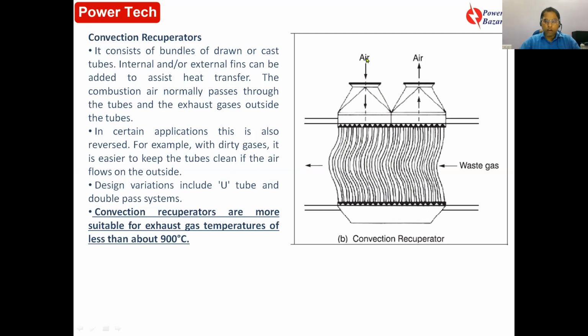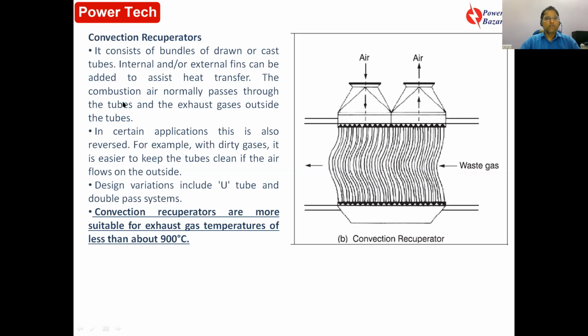That means air should come in and get heated up by the waste gas, with maximum surface area contact so that maximum heat transfer will occur. So we have divided this flow of air into various parts in the tubes so that rapid heat transfer will take place and the temperature will improve in a short time.